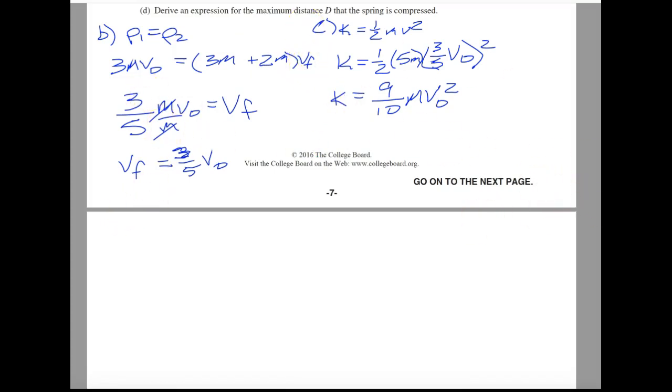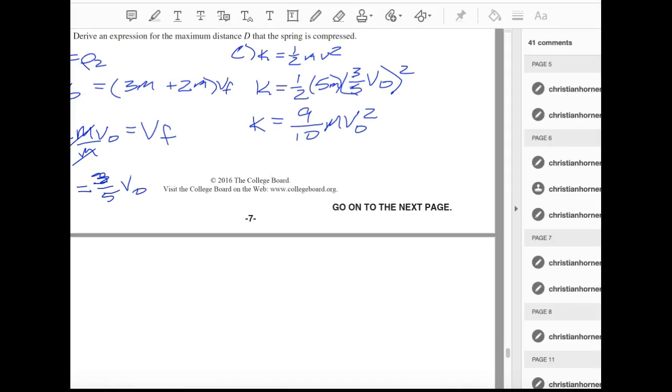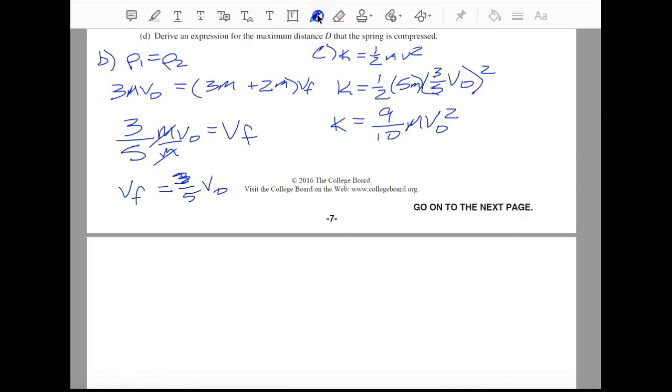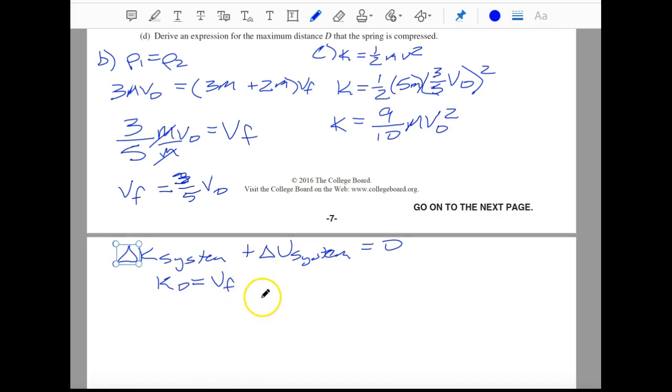We know that the change in the kinetic energy of the system plus the change in potential energy of the system should all be equal to 0. And if that's true, then our original kinetic energy should be equal to the potential energy final.